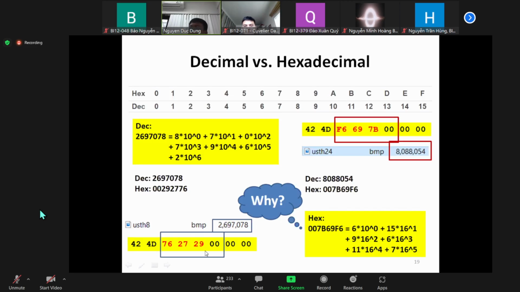Every raw data is in 0 and 1. But if we just use 0 and 1, this number could be very long, because that's 4 bytes, and each byte has 8 bits.